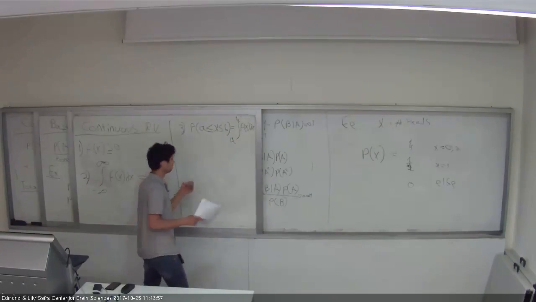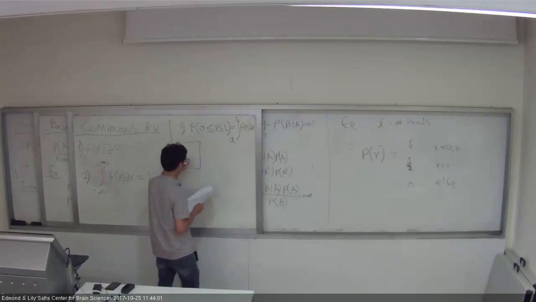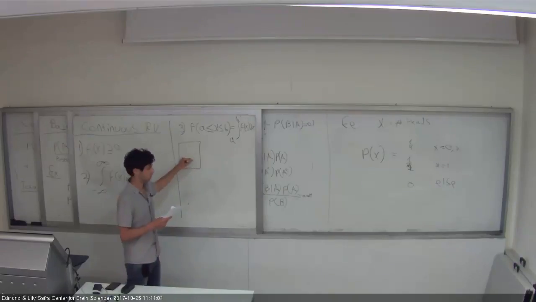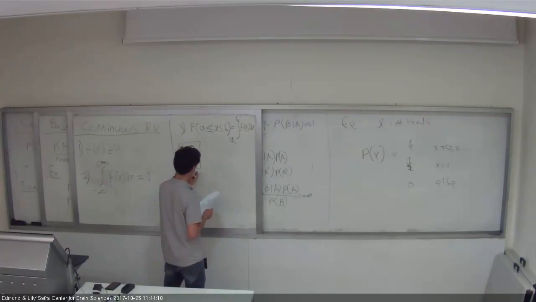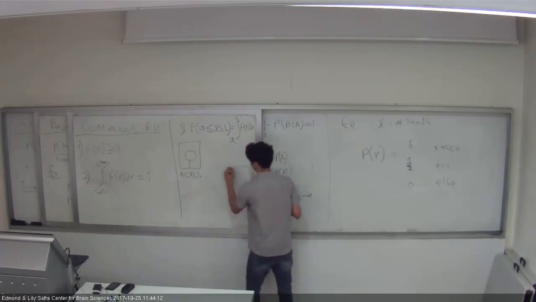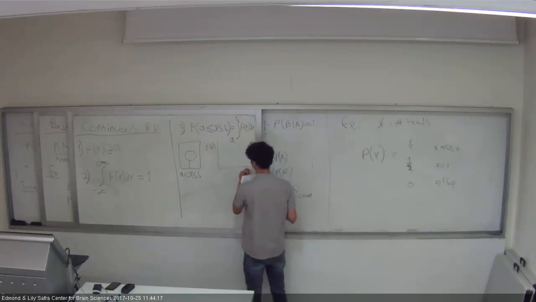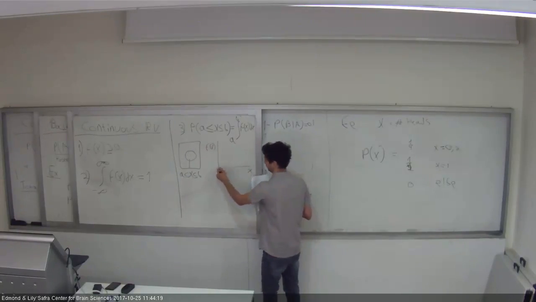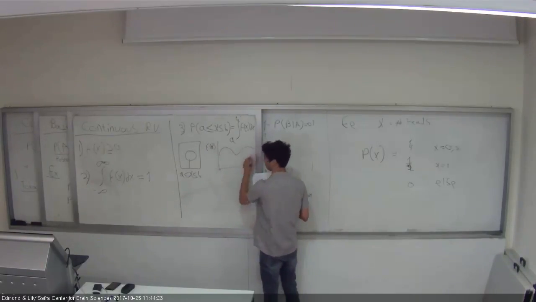And to give you some intuition, this is our sample space, and this is the event that X is between a and b. Here is x, and this is f of x, and now we have some function f of x, and here it's a and here it's b.